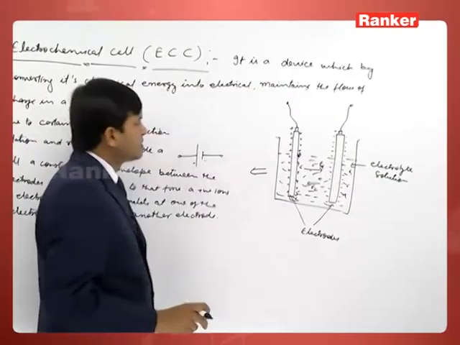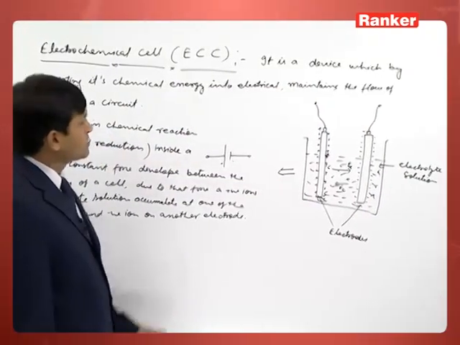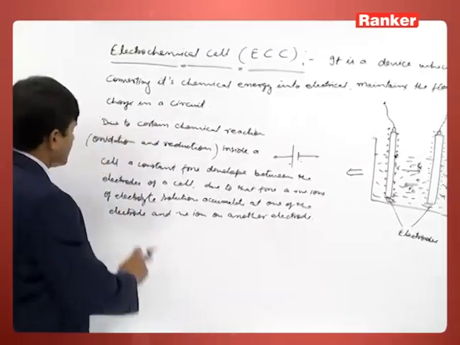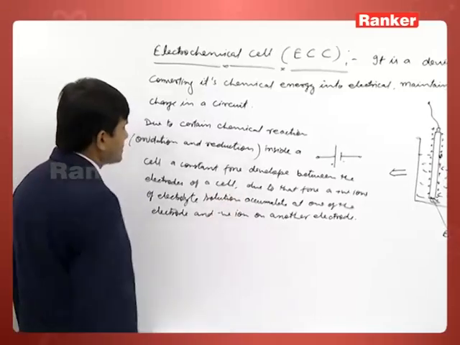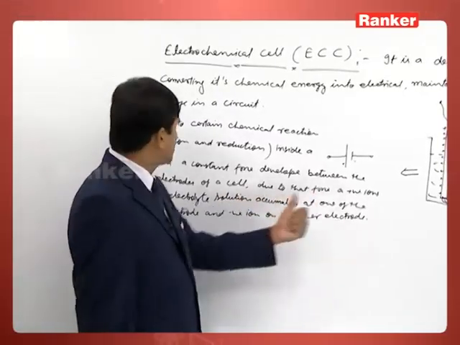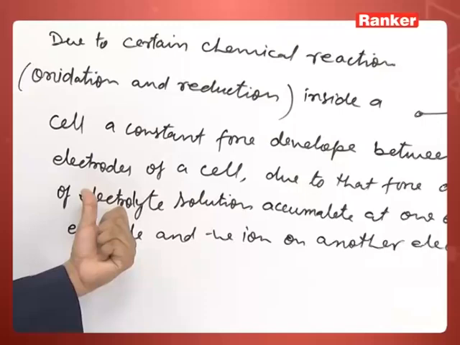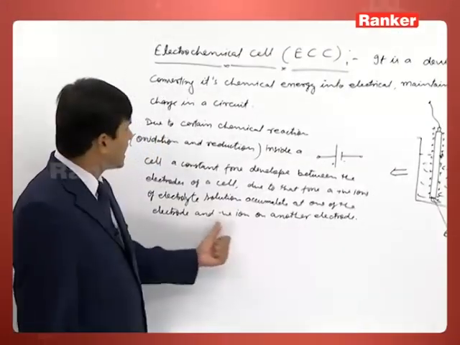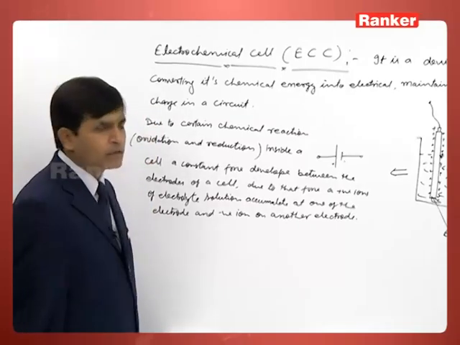Due to this positive and negative ion accumulation, an electric field is established from the positive electrode to the negative electrode. Positive ions of the electrolyte solution accumulate at one of the electrodes and negative ions on another electrode.